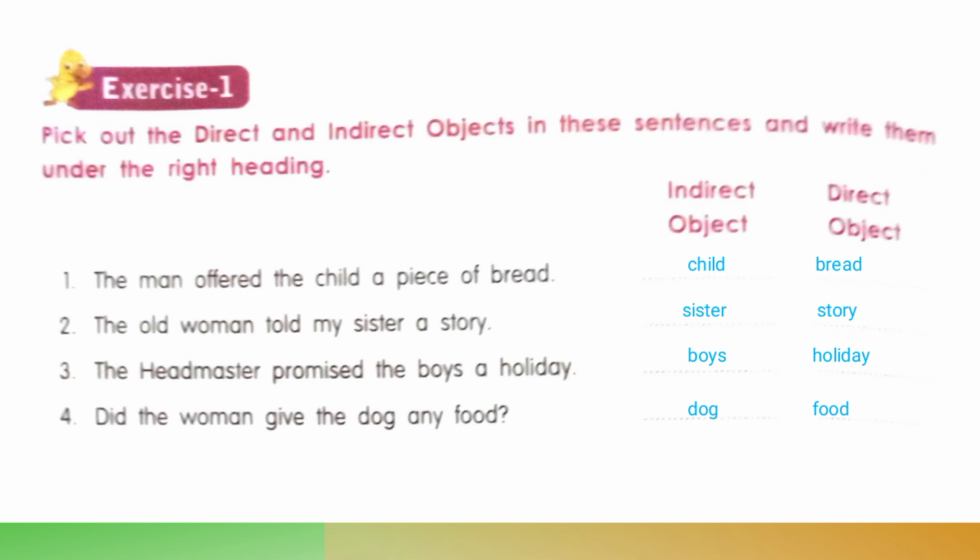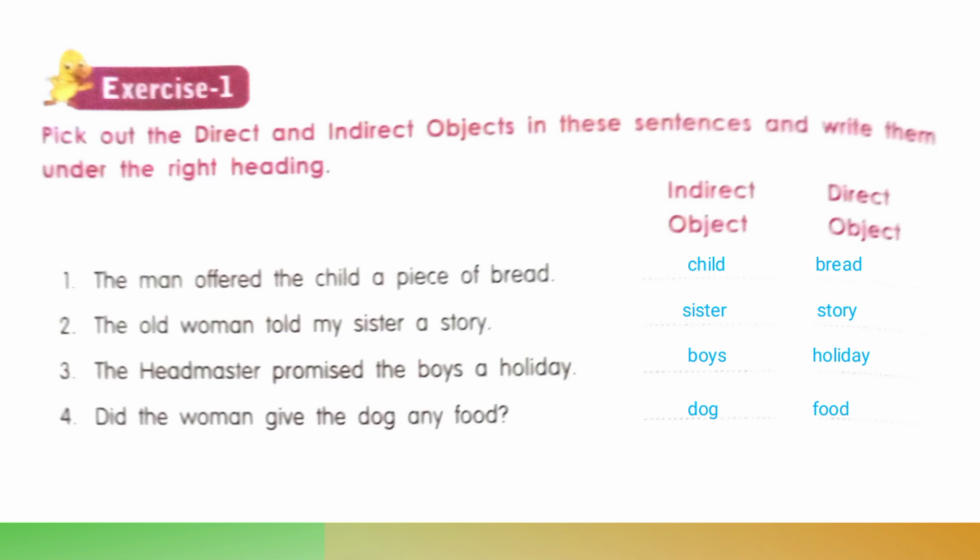Promised to the boy. So boy becomes indirect object. Holiday becomes direct object. Did the woman give the dog any food? Give to the dog. So dog is an indirect object. Food is a direct object.